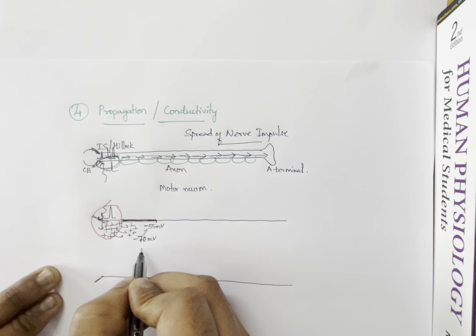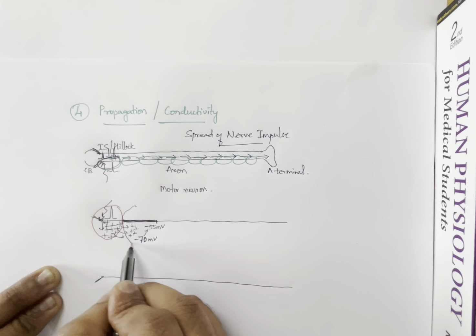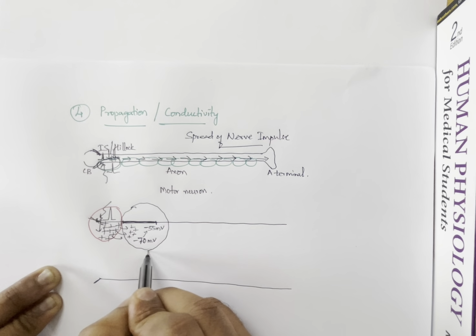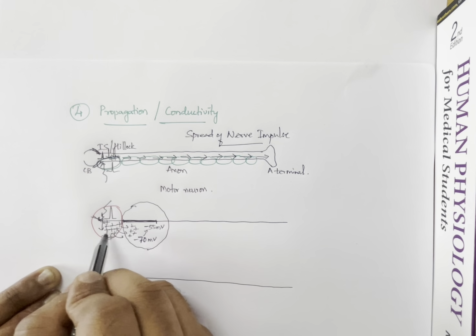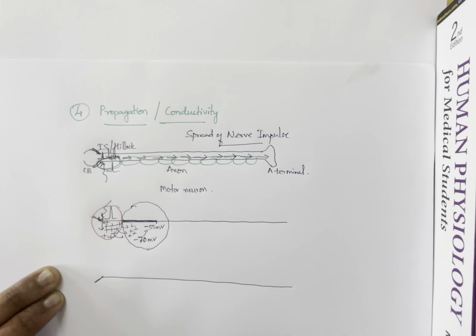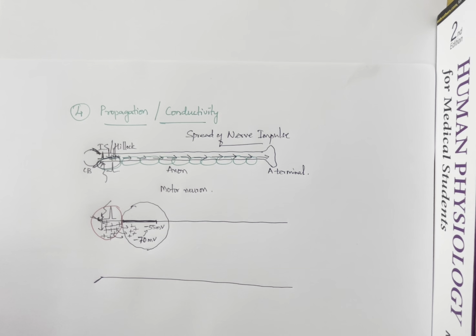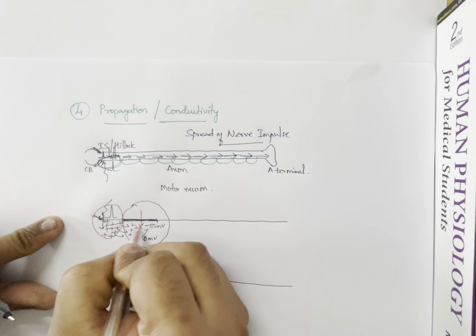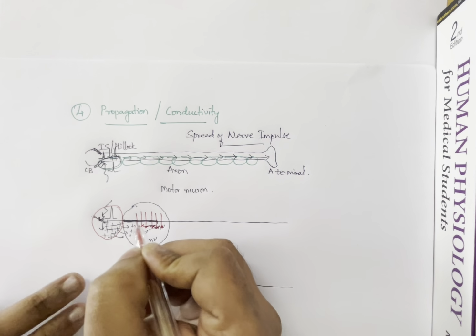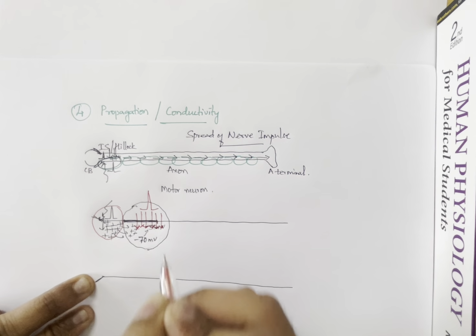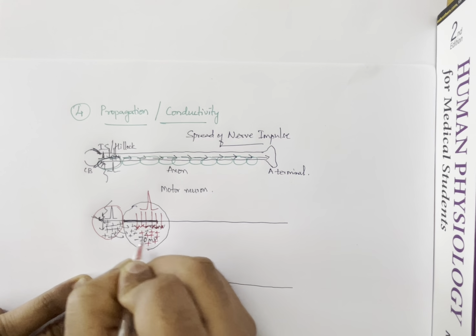So the change of membrane potential in this area from minus 70 to minus 55 is because of slight diffusion of positive charge from the previously excited area. Once the membrane potential reaches the firing level, there is rapid influx of more and more sodium ions through voltage gated sodium channels, resulting in action potential generation here. The positivity increases up to plus 30.